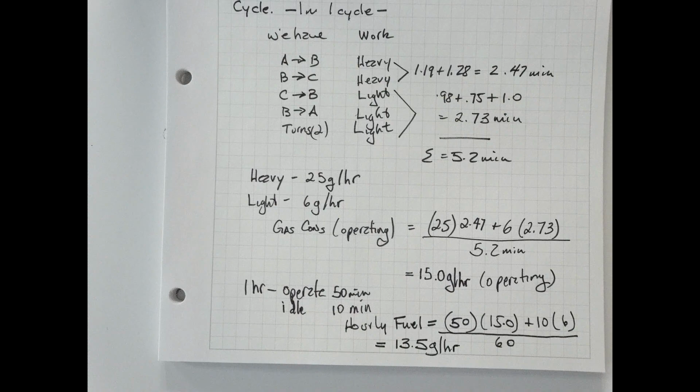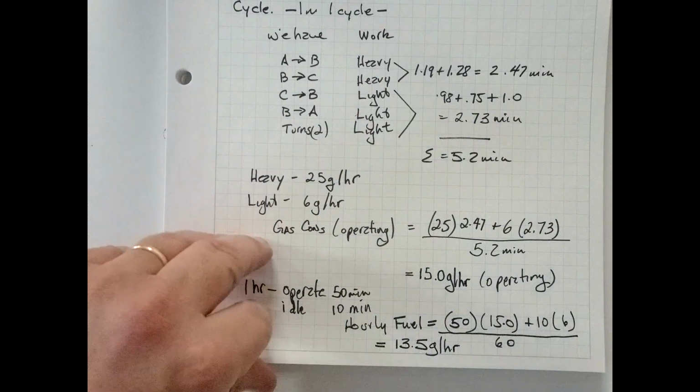If I know that fuel costs $2 a gallon, then I know it's costing me $27 an hour to operate that vehicle. And I'll just show you that calculation, right?